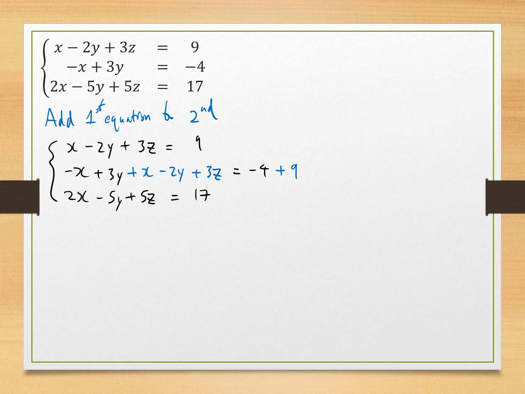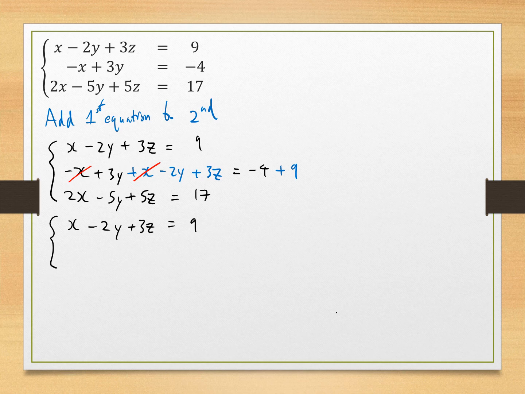The reason we do this is we want to make use of the fact that the x cancels out. Although you might ask, is it necessarily faster immediately? It might not be obvious immediately, but in later steps you might notice that it is actually helpful.